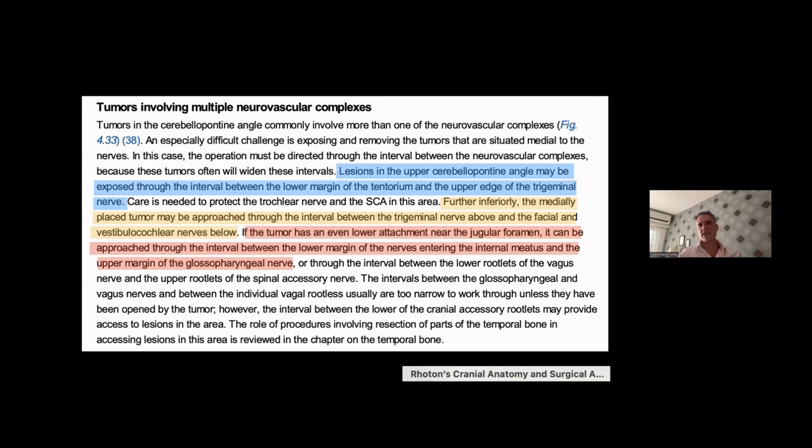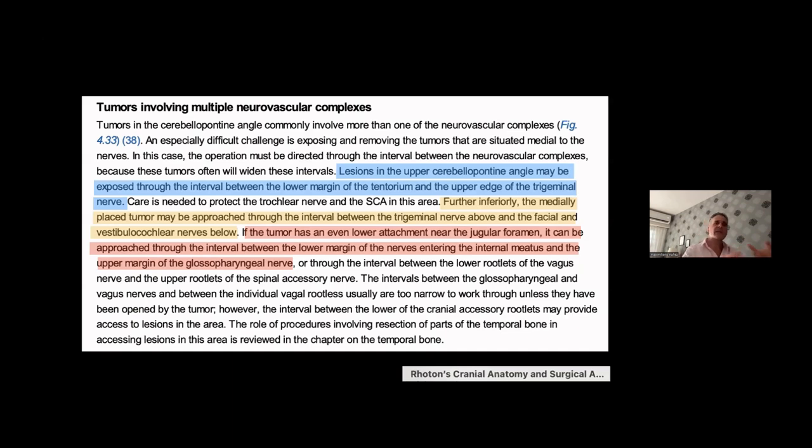In this case, the lesion in the upper cerebello-pontine angle might be exposed in the window between the superior complex and, of course, the 5 cranial nerve.